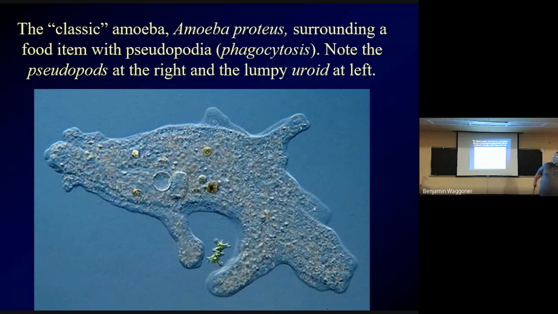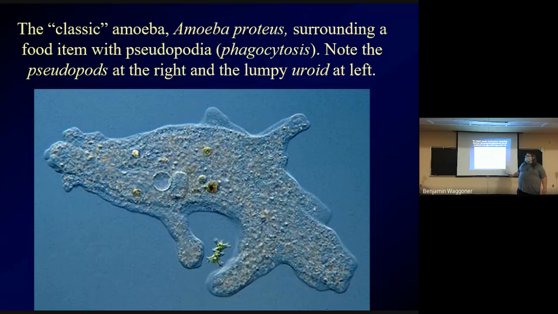And there's a classic free-living amoeba. This is one that I bring into my invertebrate zoology class, 4401. This particular one happens to be quite large. This is maybe 500 microns, possibly more. And the nucleus is kind of in the middle. If you can see, it's that little grainy thing. There's a vacuole next to it. There's a kind of tail end called the uroid at the left.